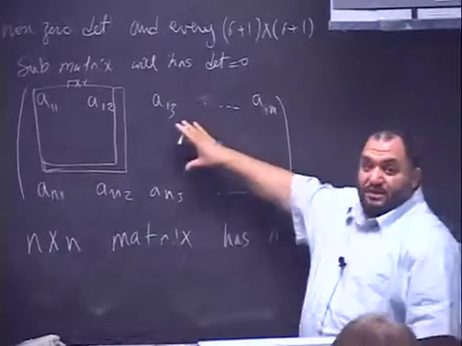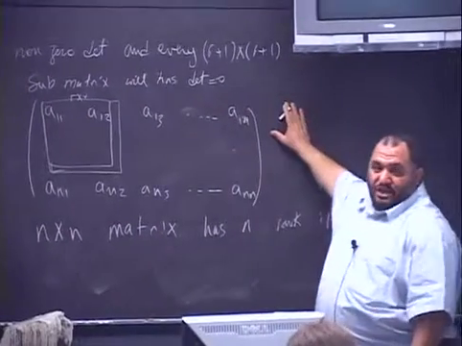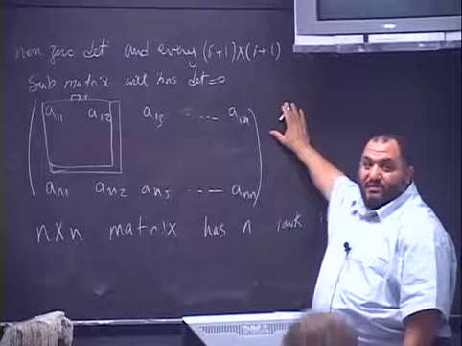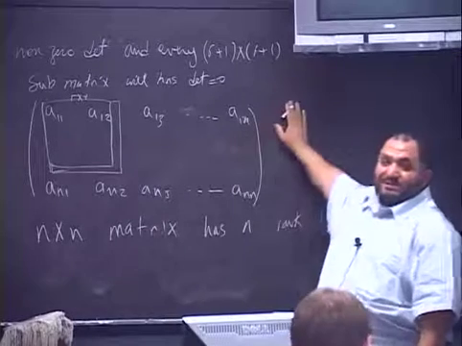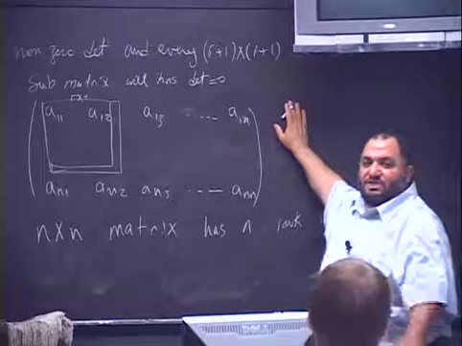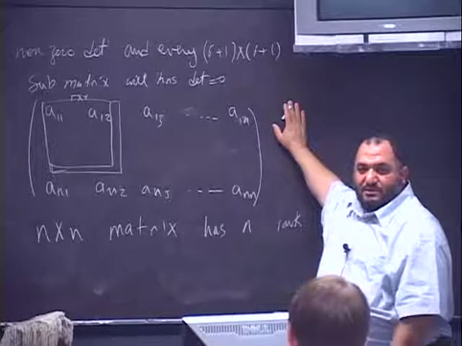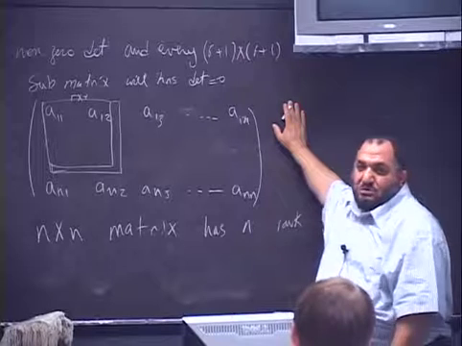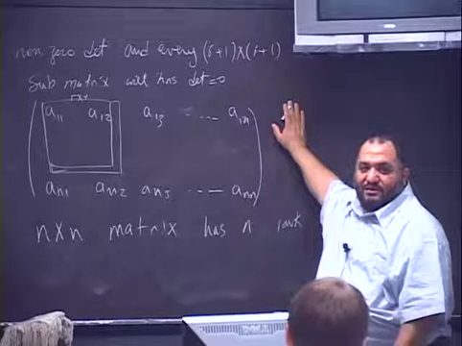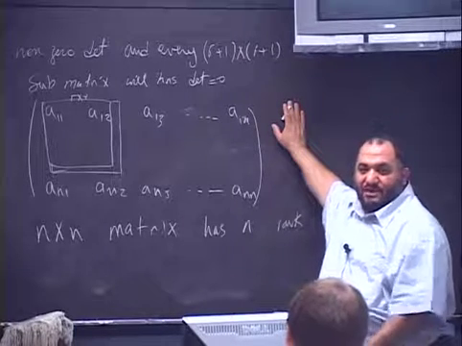So if we take the first check to look for the rank of this matrix, this matrix is n by n. So the first check is to do what? Get the determinant. If the determinant is not equal to 0, hey, that's it. This is the rank, n by n. So the rank is n.